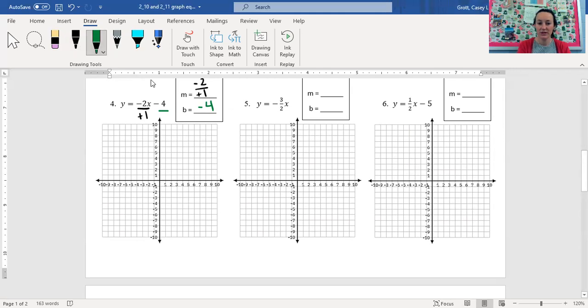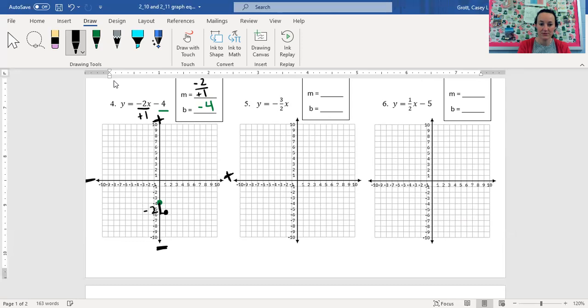My beginning point is -4. Put a point at -4. 2 is negative. If you need that refresher, so this is negative, this is negative, this is positive, this is positive. I'm going to go down 2 over 1 to the right because it's positive.